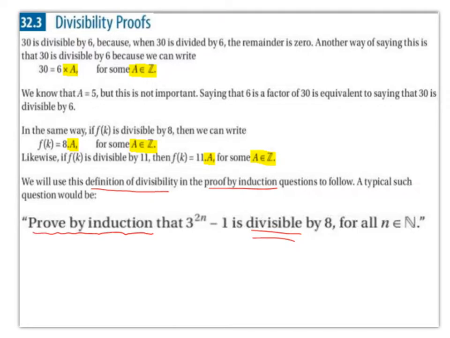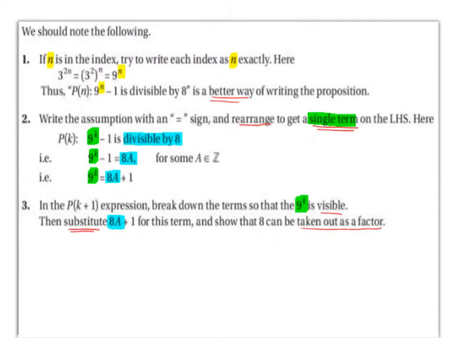A typical such question would be: prove by induction that 3 to the power of 2n minus 1 is divisible by 8 for all n values, elements of the natural number set. So for all positive whole numbers. We should note the following. If n is in the index, try to write each index as n exactly.